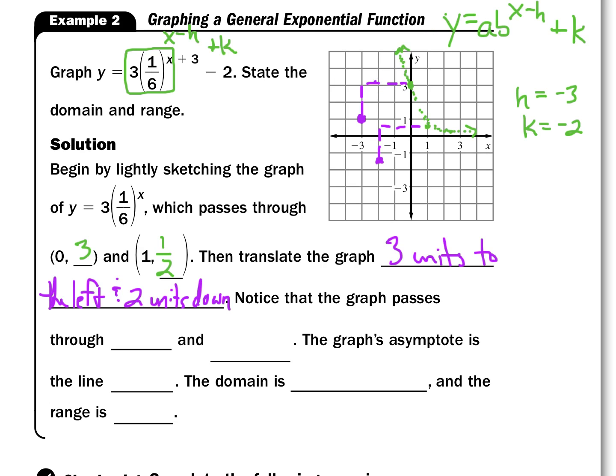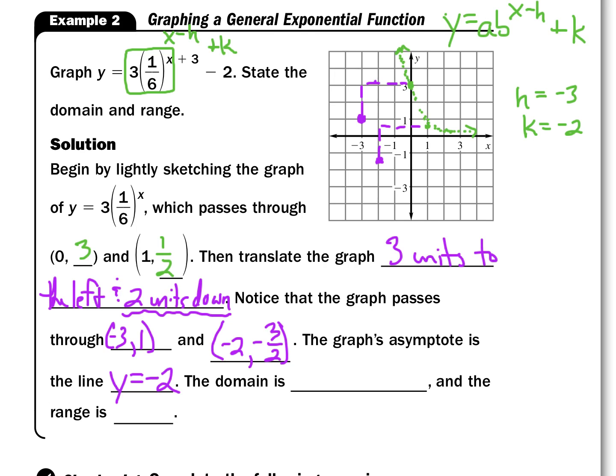So my new points are (-3, 1) and (-2, -3/2). The graph's asymptote is now the line y equals negative 2, because we've shifted 2 units down.